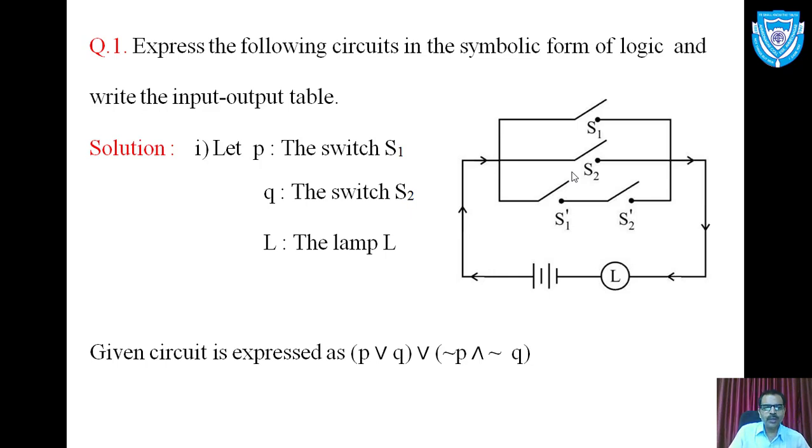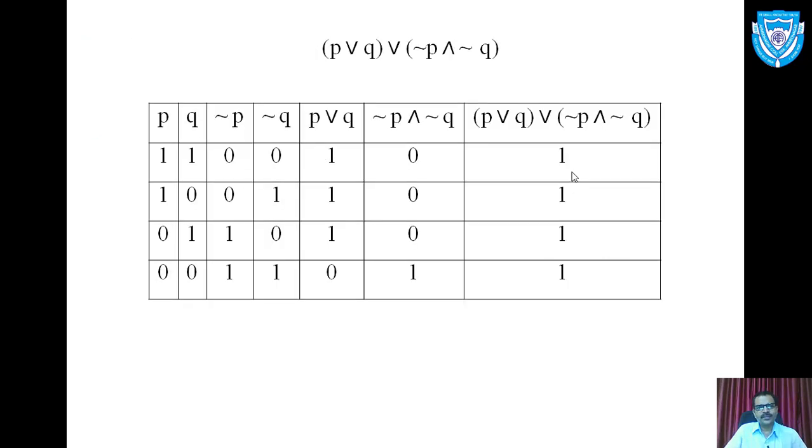Now whatever proposition we have formed here from this circuit, we have to prepare the truth table or input output table of this proposition. It is already shown below. Now how to form the truth table, that you already studied in the previous part of this chapter.